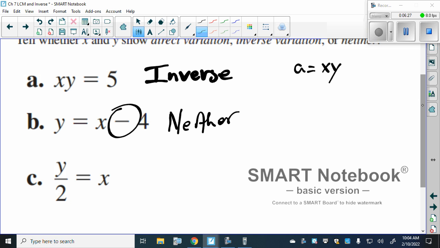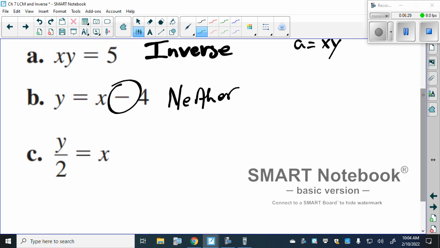How about letter C? It is actually direct. Because when we look at this here, we have y and x. Well, y divided by 2 is the same as 1/2 times y is equal to x. So it's our constant term times y, which does make it direct.